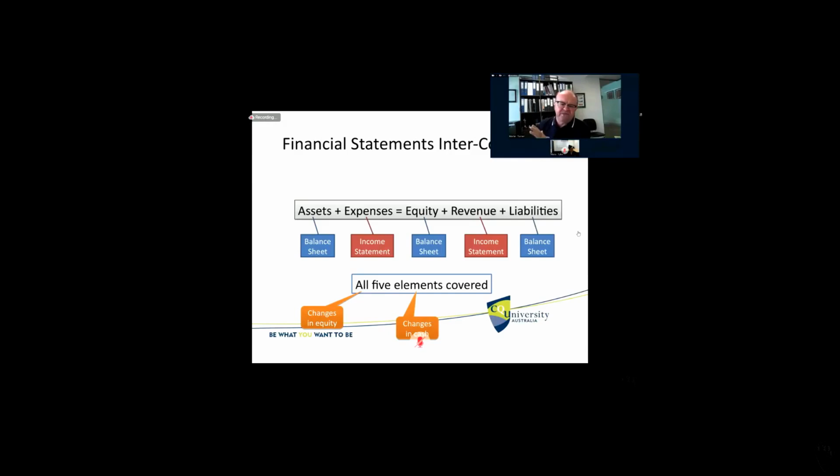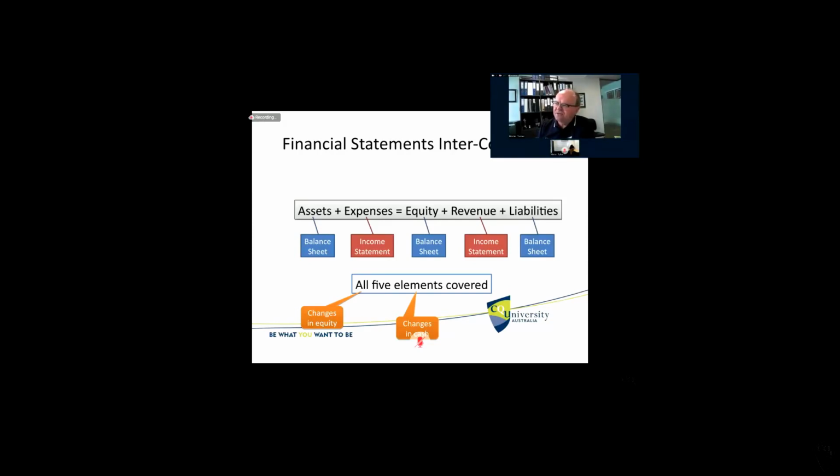The reason we have a statement of cash flows is that there's only one way you can go broke in business. Just one way. And there's only one way we can go broke as individuals, and that is to run out of cash. As long as I can turn up to the supermarket and swipe my card, and it all works, I'm fine.